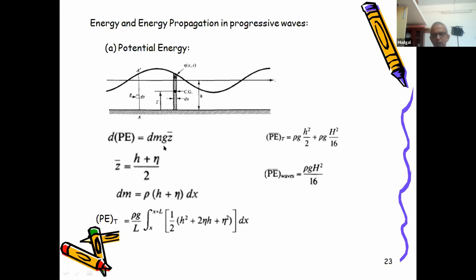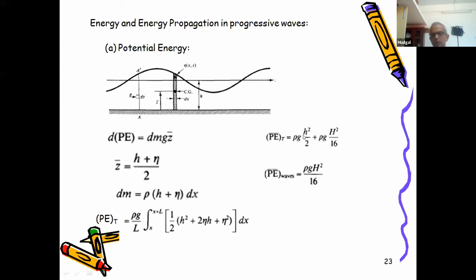Then you substitute in this, and when you integrate, this is the expression that you have, and you will get the total potential energy to be equal to rho g h square by 2 plus rho g H square by 16. Here the small h is the depth of water, whereas the capital H is the height of the wave.